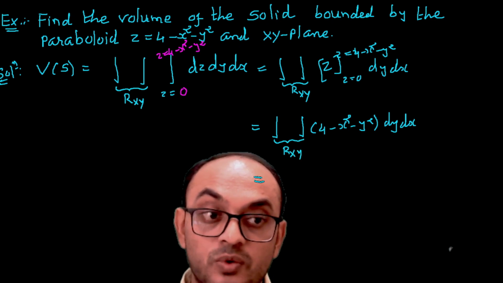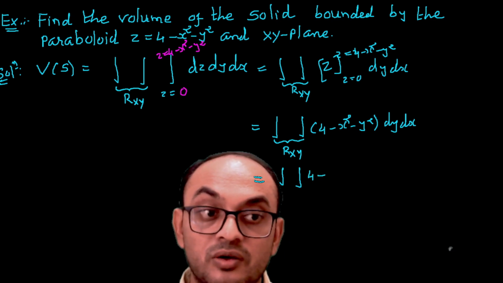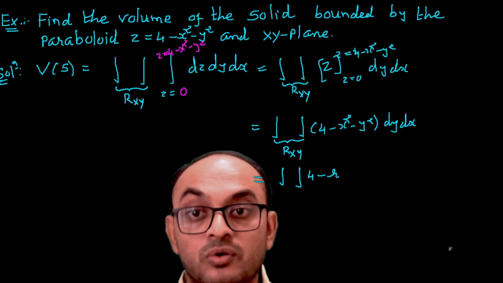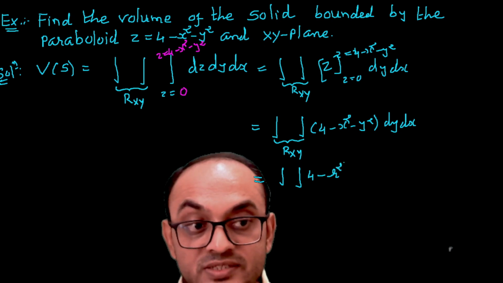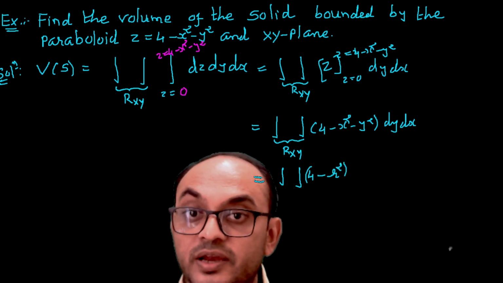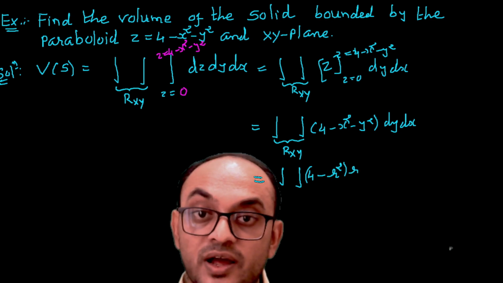So this is equal to double integration of 4 minus, x equal to r cos theta, y equal to r sin theta, so this is 4 minus r square. What is dy dx? It is r dr d theta.